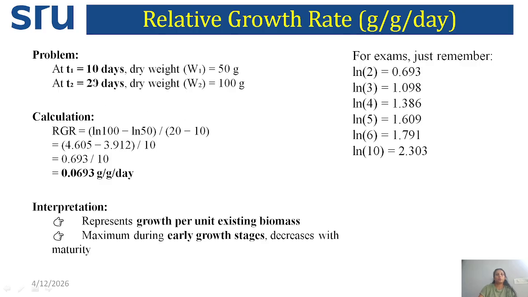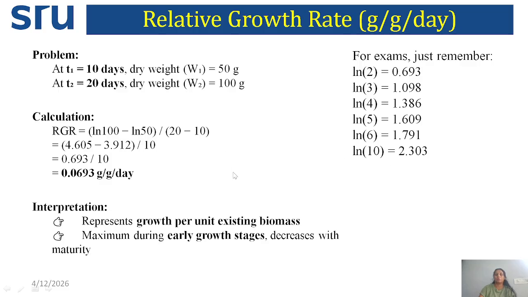So here we have two values: 10 days reading 50 grams, 20 days reading 100 grams. How do we measure the relative growth rate? ln 100 (W2) minus ln 50 (W1) divided by T2 minus T1. ln 100 is 10 times 10, and ln 10 is 2.303.